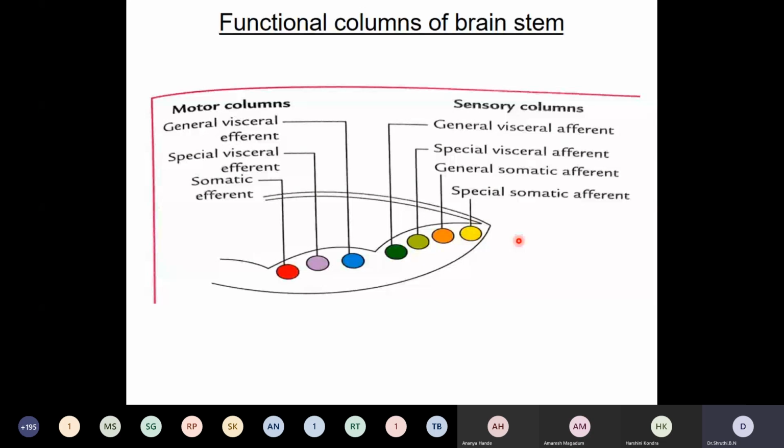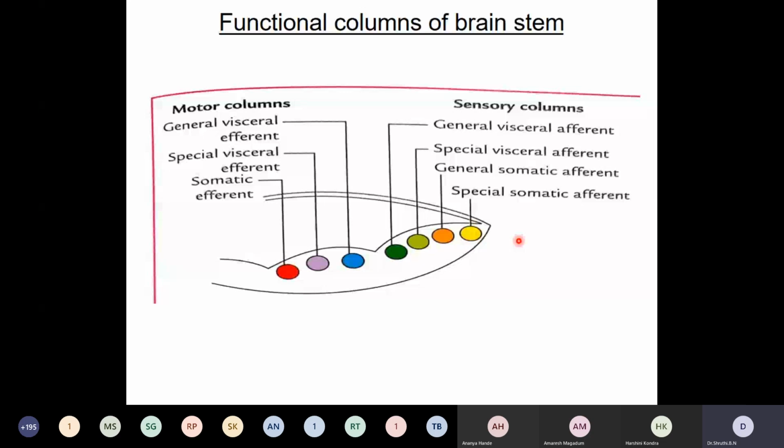You get many cranial nerve nuclei situated or extending throughout this, and this is where you have to concentrate. Because in the exam, in neuroanatomy, we ask for cross sections. Draw a neat labelled diagram of a cross section of the midbrain at the level of the superior colliculus, draw the cross section of the pons at the level of the facial nerve nuclei, draw the cross section of the medulla oblongata where the fibers cross over, or at the level of the inferior olivary nucleus.